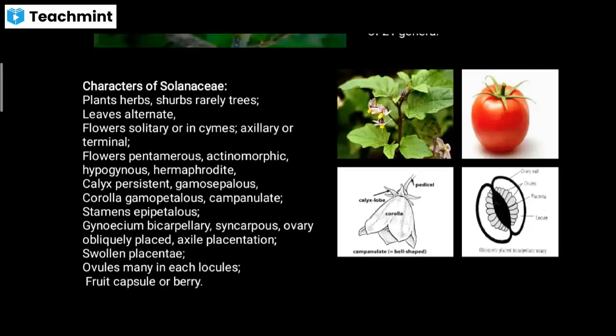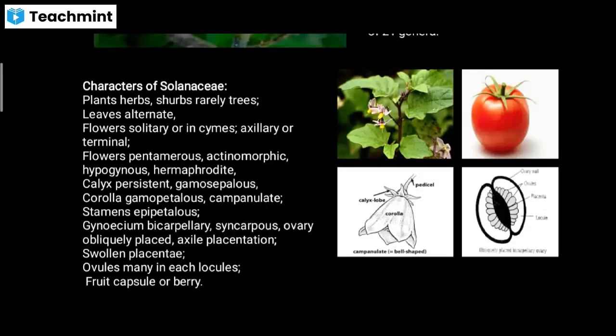For example, tomato and brinjal. In all these Solanaceae members, the calyx is persistent. Then they are gamosepalous, that means they are in a fused condition. Then the corolla is also gamopetalous. They are fused, and it is campanulate.